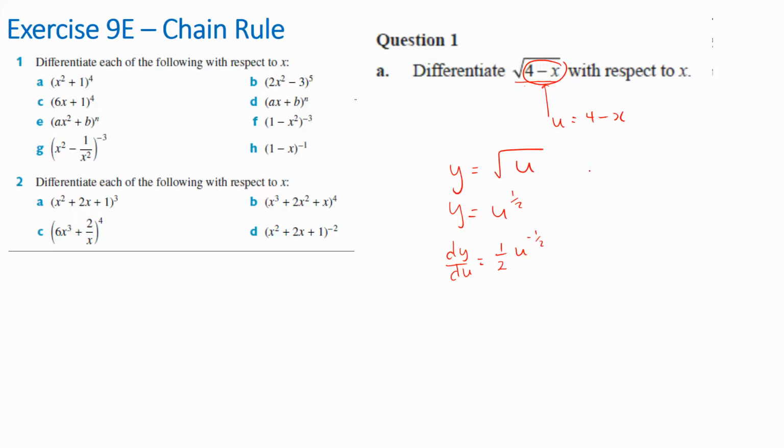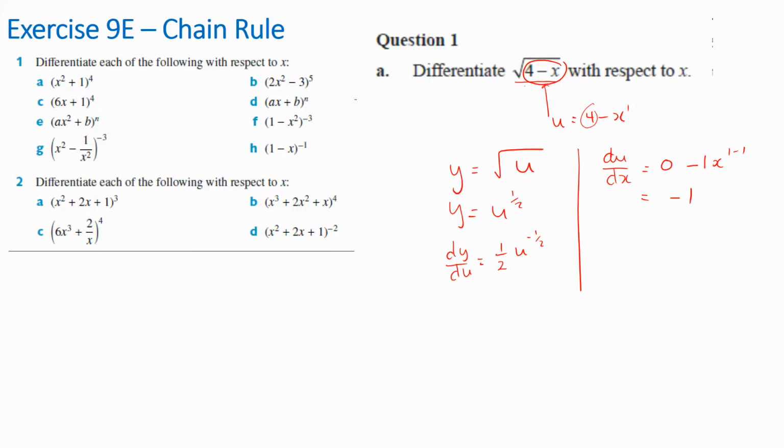Whereas over here, u equals 4 minus x, so du/dx must equal, find the derivative of a constant, it's 0, and then derivative of negative x, remember there's a power of 1, so it becomes minus 1 x to the power of 1 minus 1, which actually just works out to be negative 1.